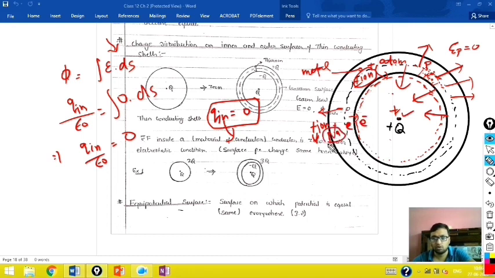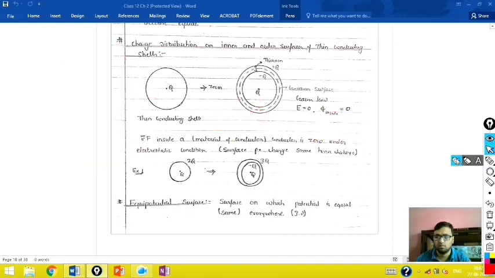I am not talking about Na only, I can take any other metal, I am just giving an example. So all positive charge will appear on the outer surface, and together it makes a value equal to plus q only. In that case only we can say our electric field at this point P will be 0 and this condition will be satisfied.